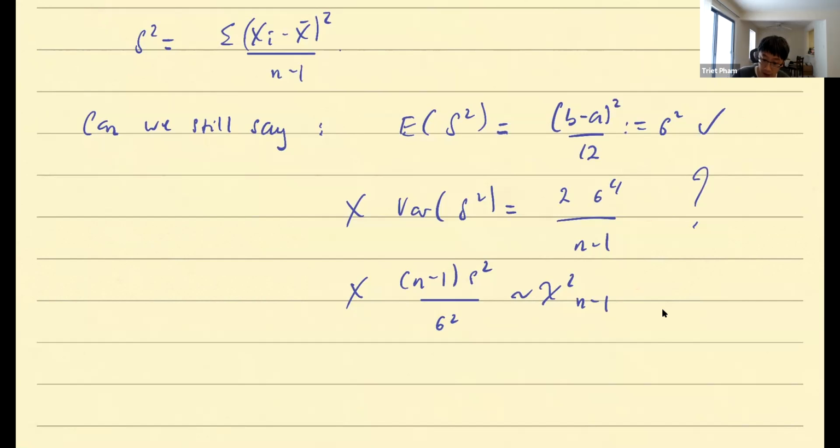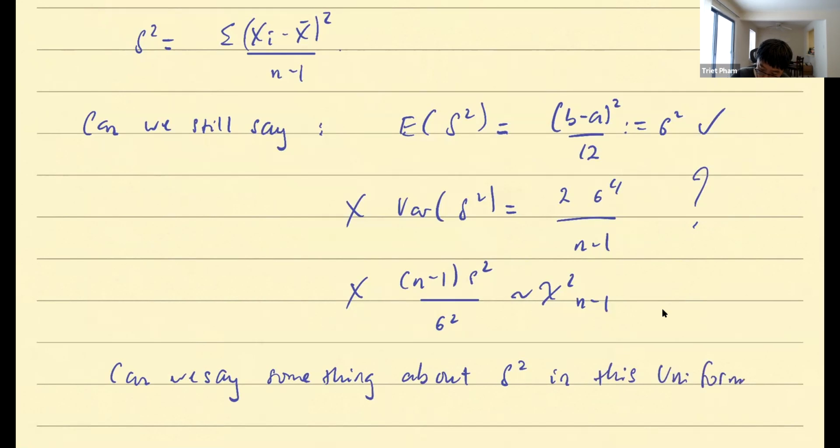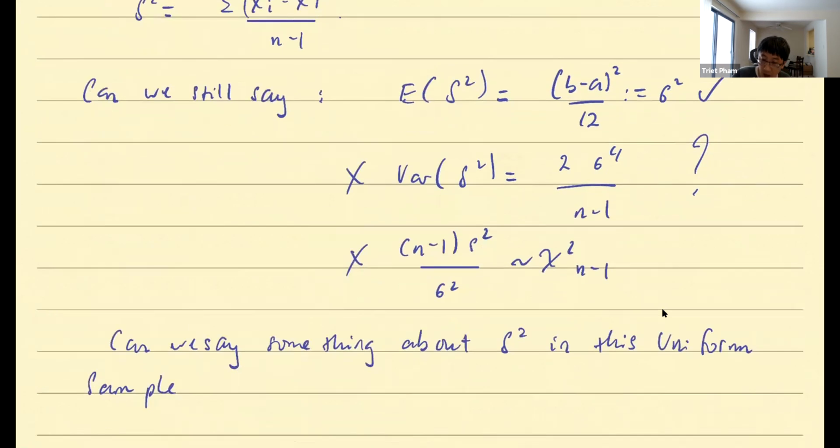So can we say something about S squared in this uniform sample? By about S squared, I mean about the distribution.